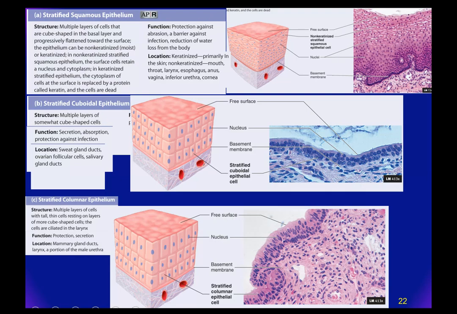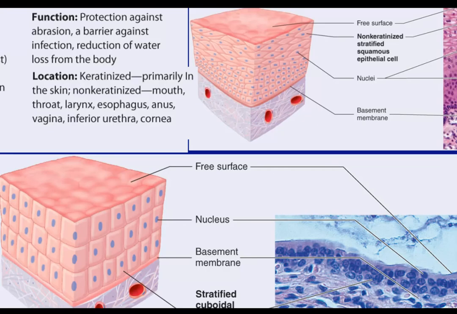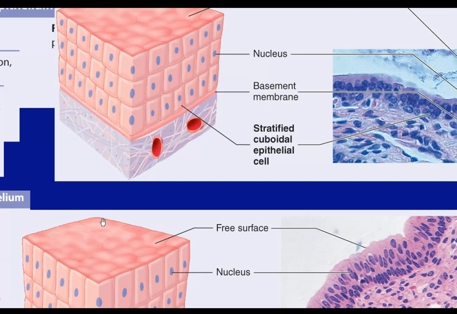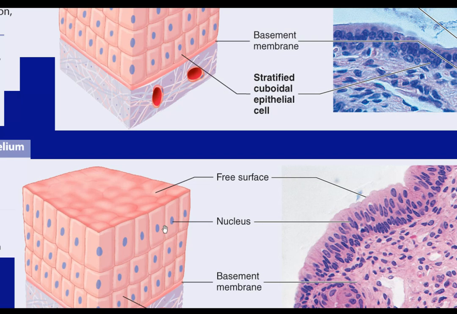When it comes to stratified, again, you've got many layers of cells here, right? And these all look squished. These look like cubes. These look like columns. They're taller than they are wide.